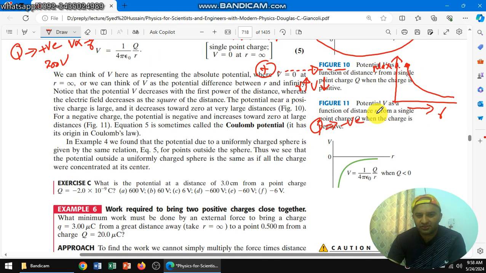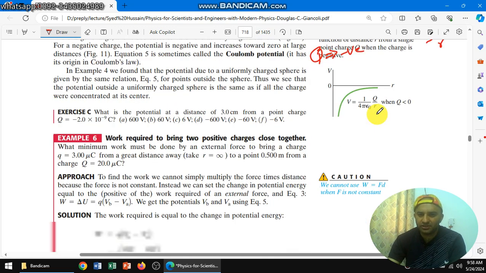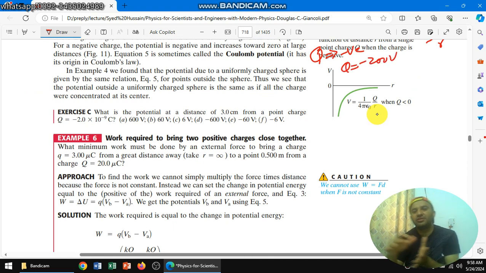But when the charge is negative, its potential is, for example, minus 200 volts, and when we move away, it rises to 0 at infinity. That's why the graph looks like this. It is a negative maximum near the charge, but as we move away it decreases in magnitude until it becomes close to 0.